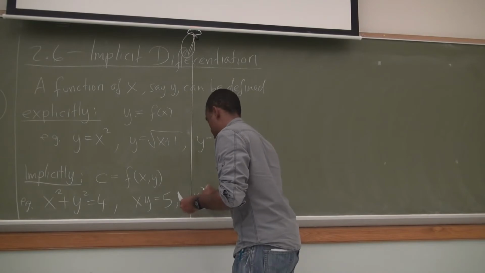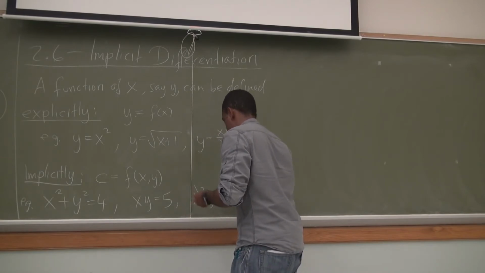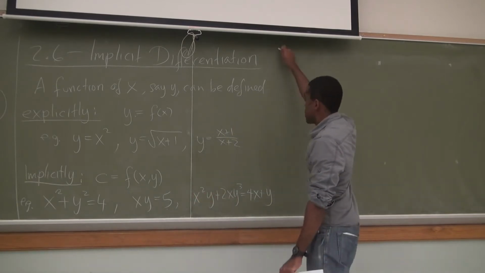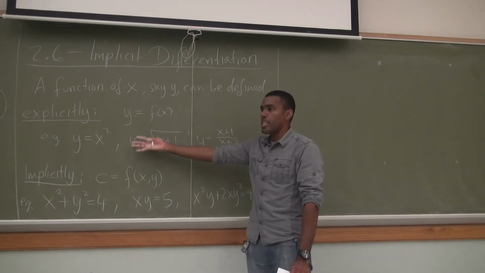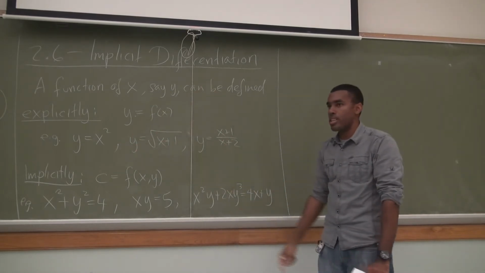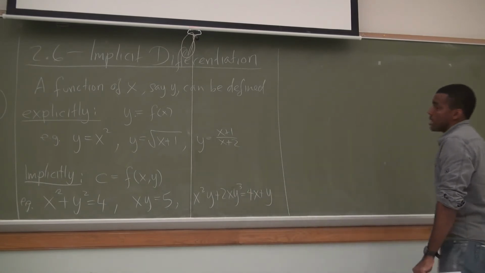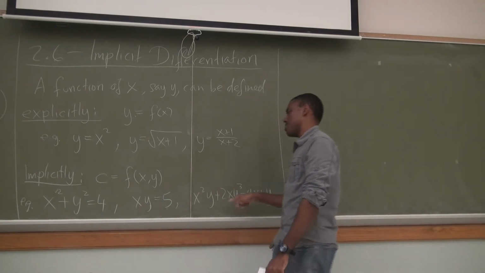Or x squared y plus 2x. So implicitly basically means you don't have something that's solved for y with only x's on the other side. The y's are mixed together with the x's. Now sometimes you can solve for y easily like here, but other times you can't like here.